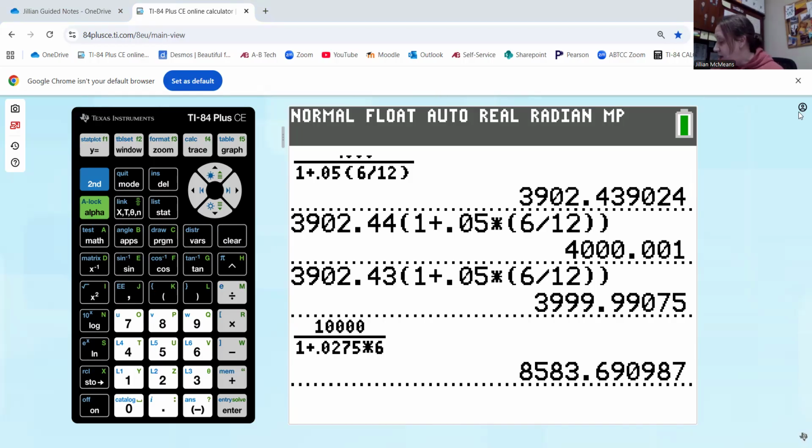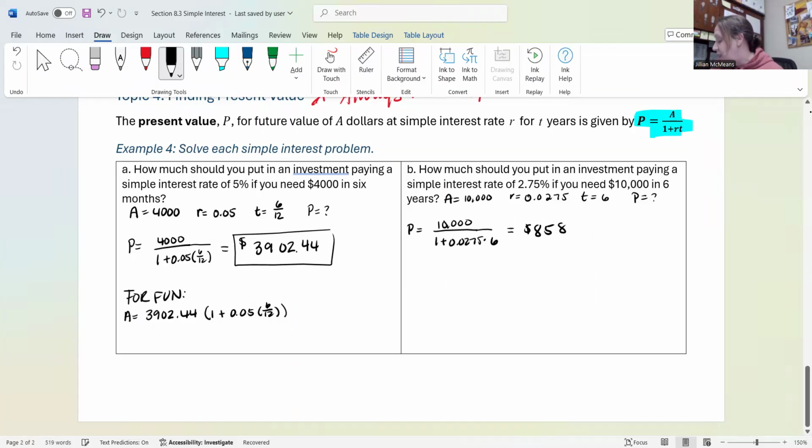All right, so we would need $8,583.70. Okay, now for fun, let's make sure we would meet our goal. We're going to calculate A using this value right here for P. So 8,583.70 times 1 plus R, which is 0.0275, times T, which is 6.